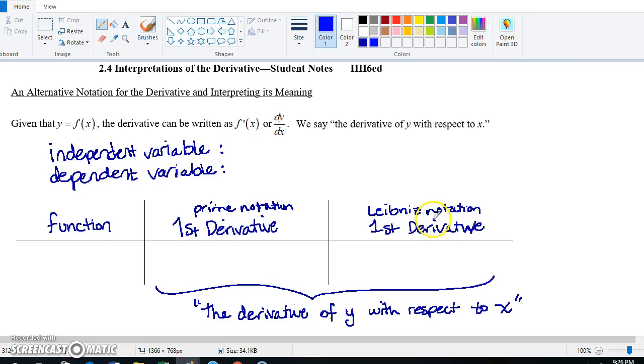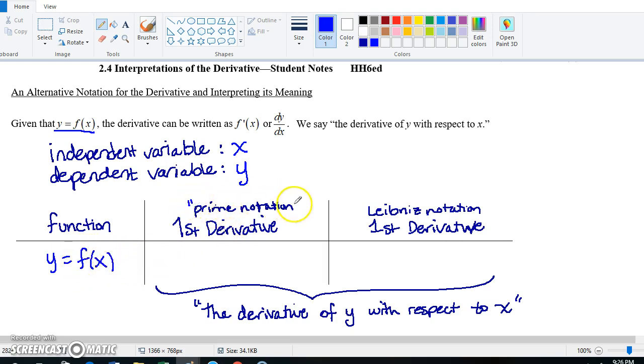Let's review again the notation for derivatives. First of all, when we start out with our function, y equals f of x, we are talking about a function with an independent variable of x and a dependent variable of y. So our function is y equals f of x.